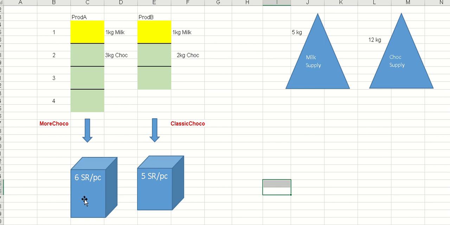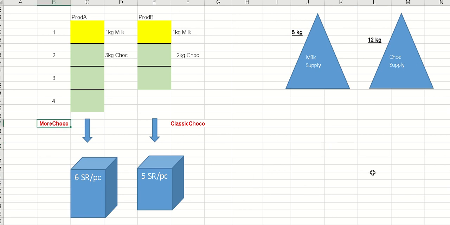But if I do that, 5 kilogram, then I would need 15, which is not enough. I have 5 kilogram here of milk supply and 12 kilogram of choco supply. So having understood this particular problem, let us go a bit more.